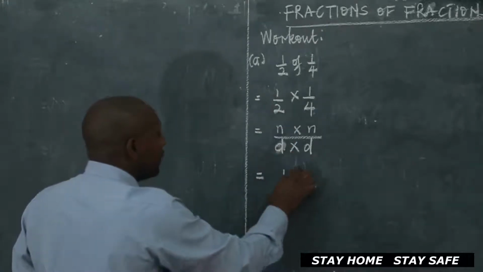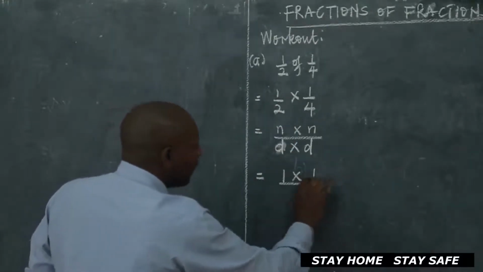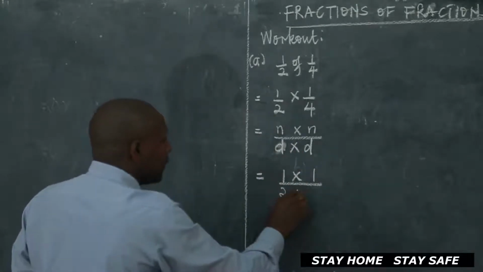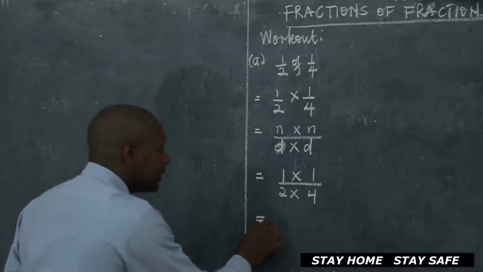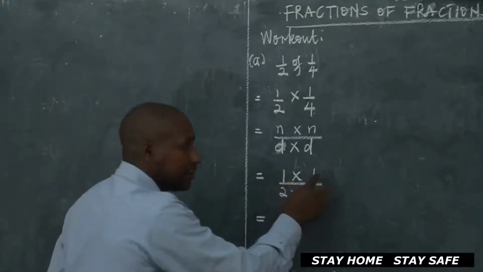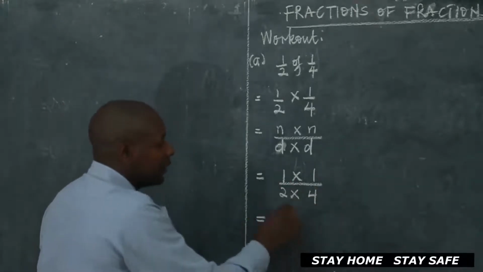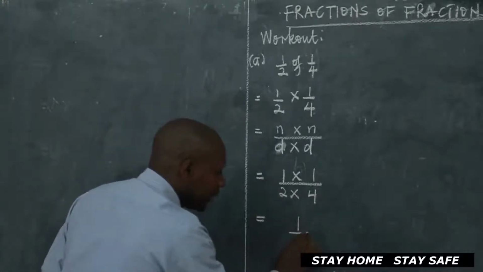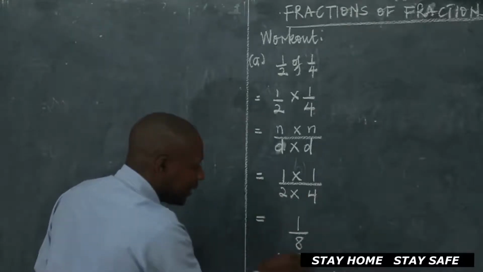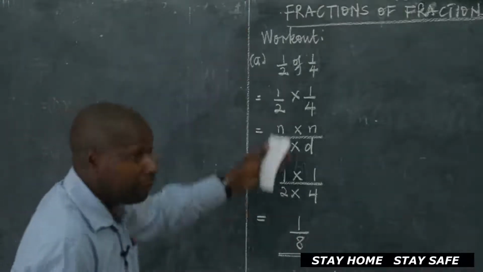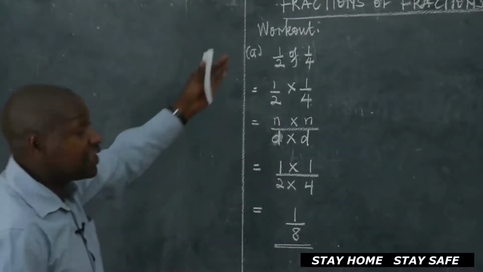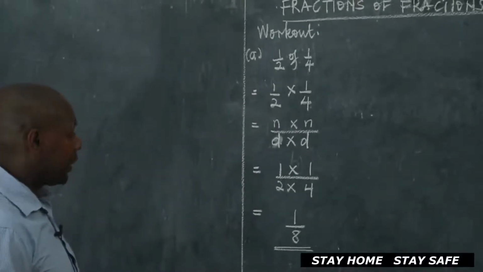Our numerator is 1 times 1 out of the denominator 2 times 4. So what do you come up with? It is a matter of multiplying 1 times 1, you get 1, and 2 times 4, you get 8. Hope you passed this one. Check properly and see the flow of each step on this very number.